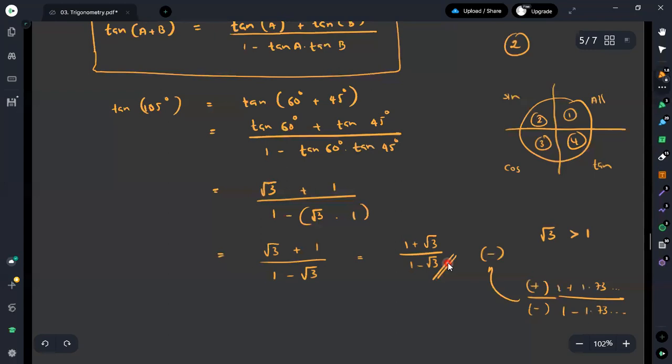Therefore this division ends up with the tangent value of 105 degrees as minus, which satisfies the quadrant rule as well.